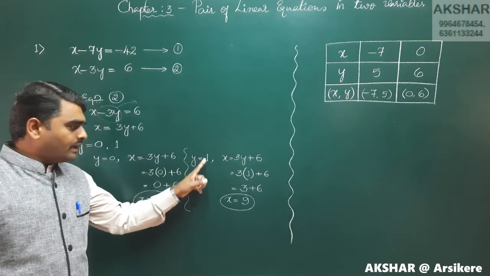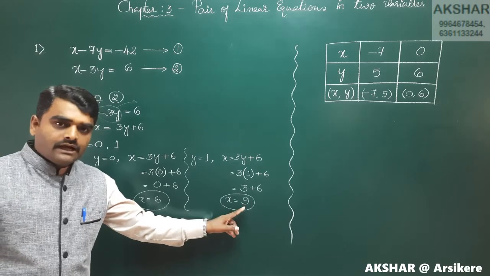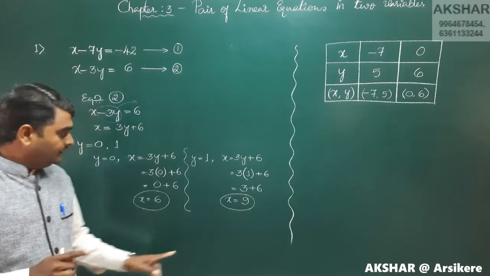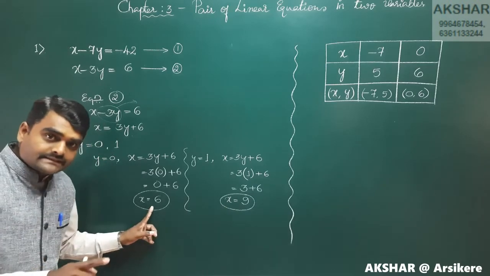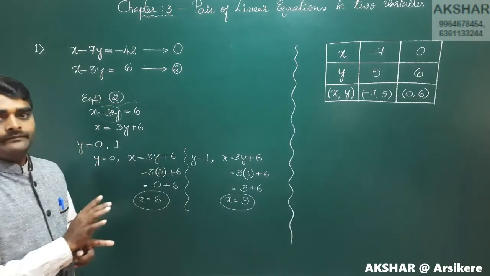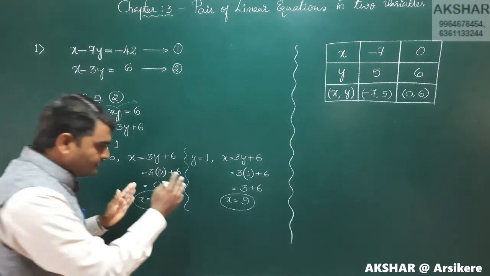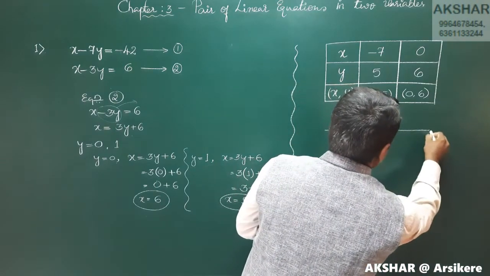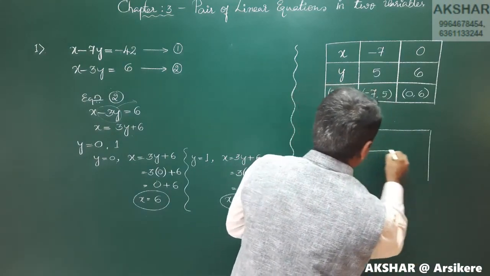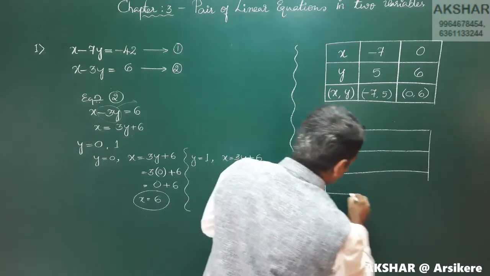If y is 1, then x becomes 9, right? Already I told you, these are the values of x when y is assumed, not the answer for your question. Okay? You just take it to the column. Here is the column. Observe here carefully, my dear children.